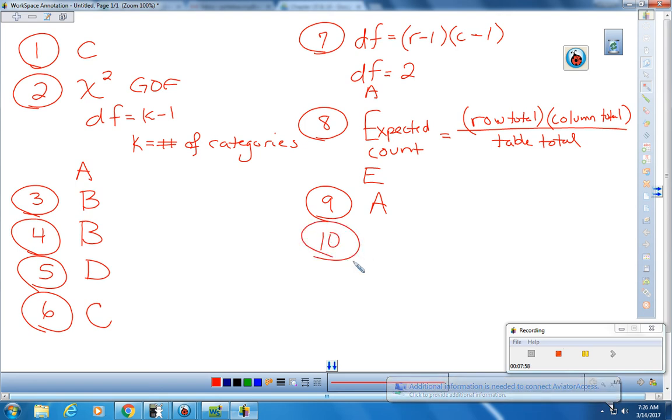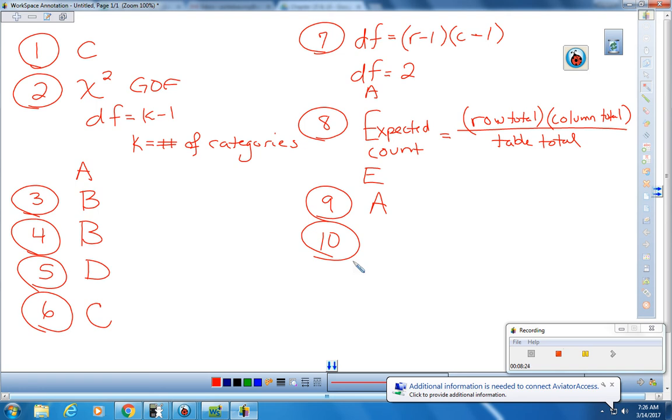Number 10. Researchers classified each individual in a random sample of 100 community college students into one of 4 categories. So associate, bachelor's, master's, or PhD, and also by gender. If the assumptions for the chi-squared test are satisfied, the test statistic will have a chi-squared distribution in how many degrees of freedom?